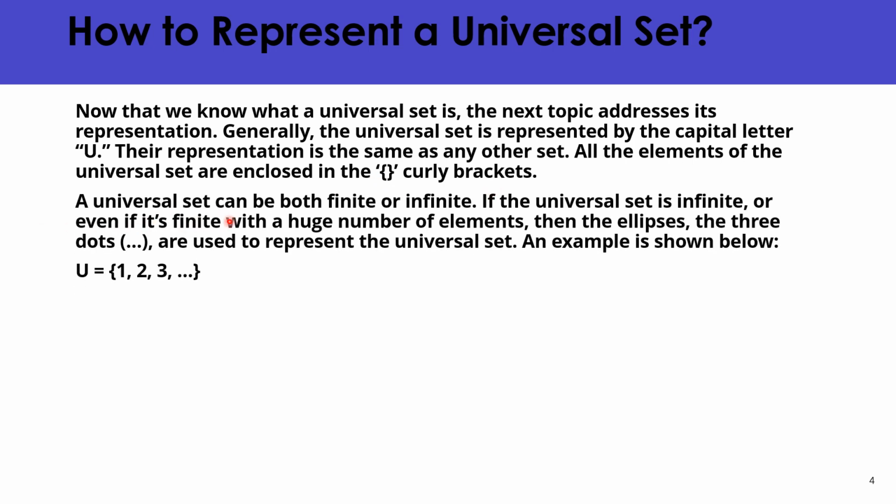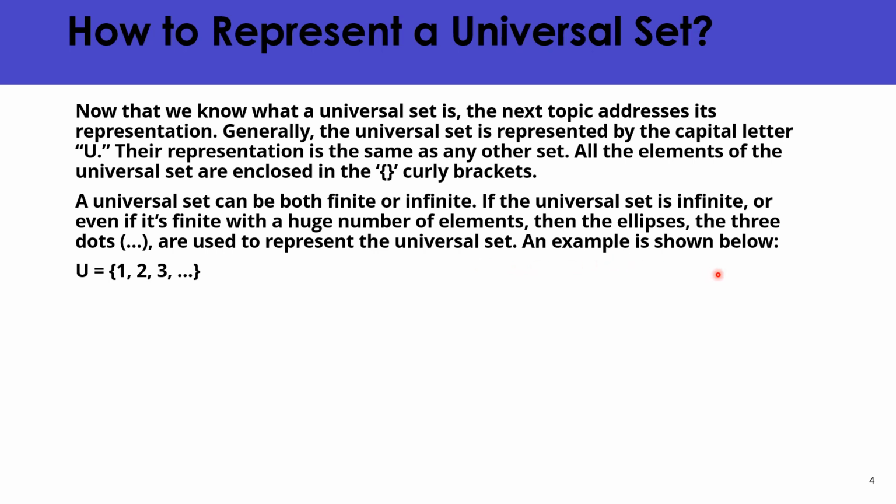A universal set can be both finite or infinite. If the universal set is infinite, or even if it's finite with a huge number of elements, then the ellipsis, or three dots, is used to represent the universal set.